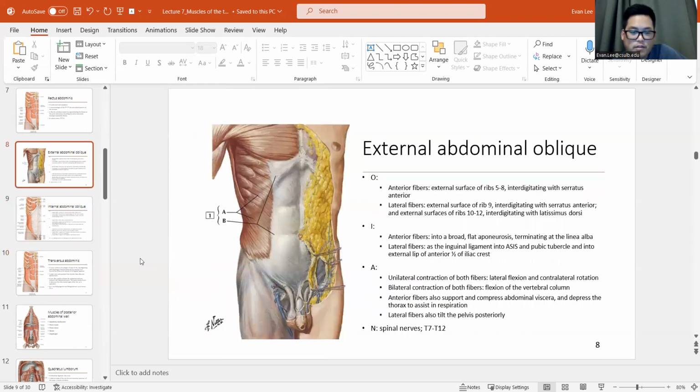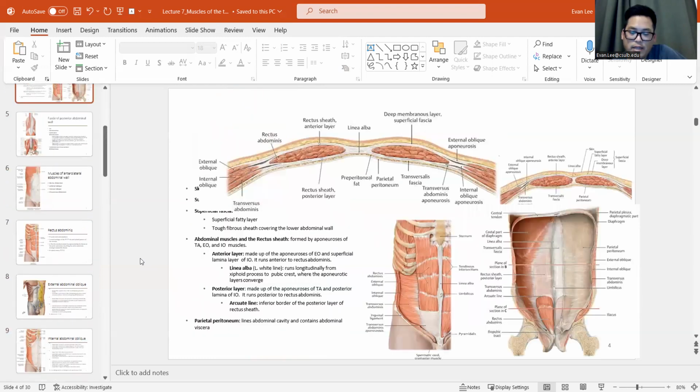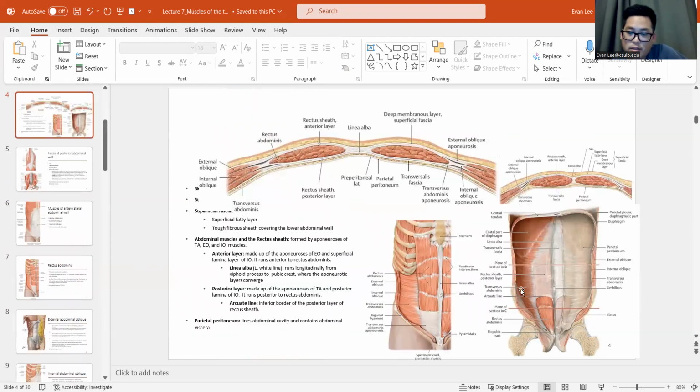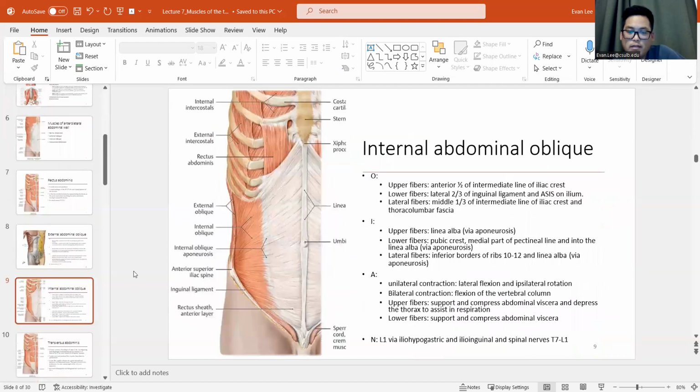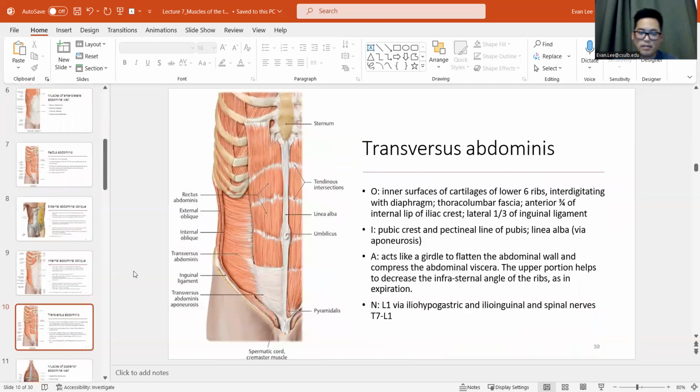So in fact, if you go to the view looking at the inside of the abdomen, this right here is the transversus abdominis, on the inside of the abdomen. Now this one goes across, it connects along the inside.